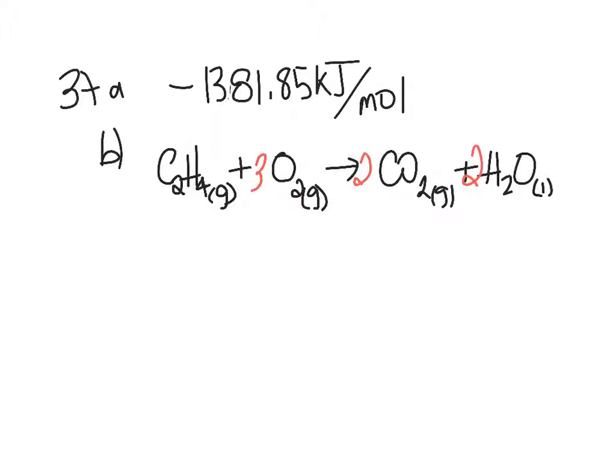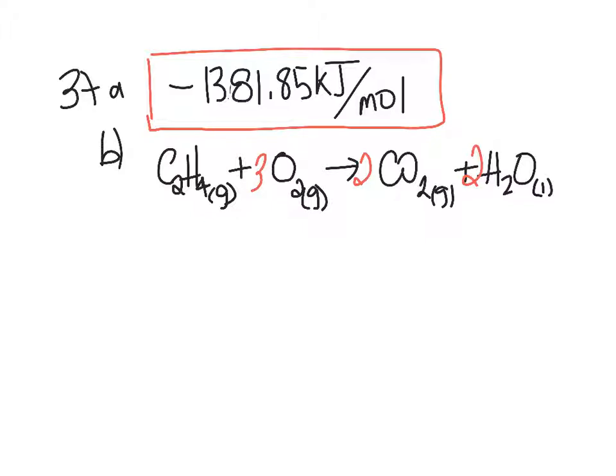Okay, so you've got one piece of information already, right? Representing thermochemical data. You've got your molar enthalpy. How many moles of ethene gas are burned in this thermochemical reaction? One. How do you know it's one?